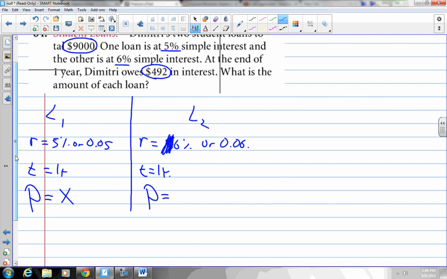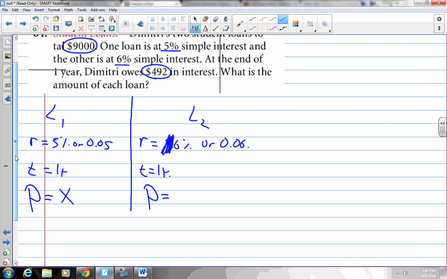Now, how would I express the amount borrowed at 6% given that the amount borrowed at 5% is X? Oh, but that's a different X. I want it to be this same X, so I don't have multiple variables floating around. Let me ask you this question. If Dmitry borrowed $3,000 at 5%, how much did he borrow at 6%?